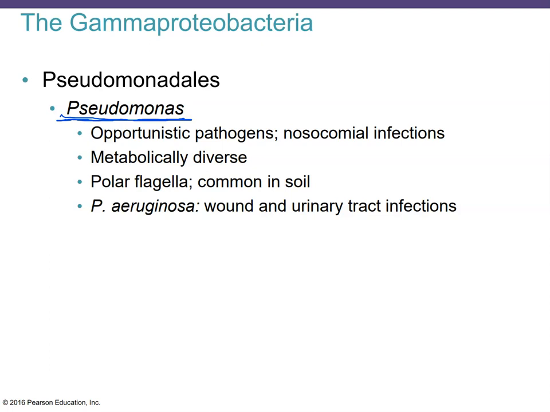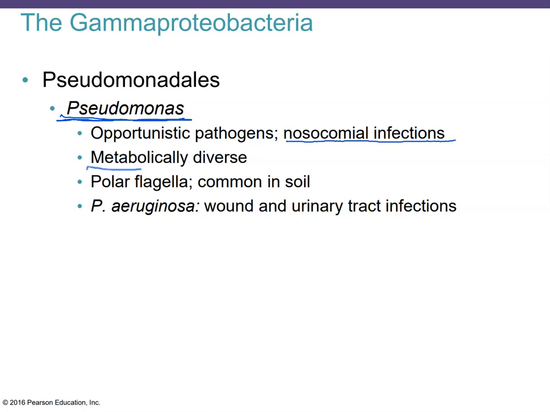So once you're infected with Pseudomonas, they're hard to treat with antibiotics, and your immune system already has a hard time with that. So they are opportunistic pathogens. It means usually immunocompromised people are much more affected, and they are often seen as nosocomial infections. That means they were hospital acquired, so you got that infection in the hospital.